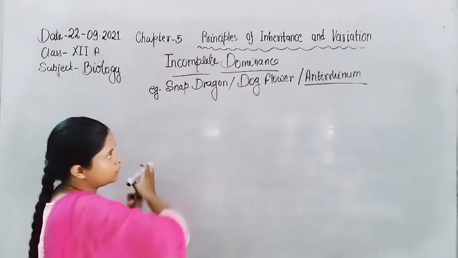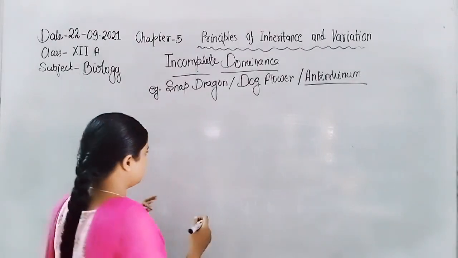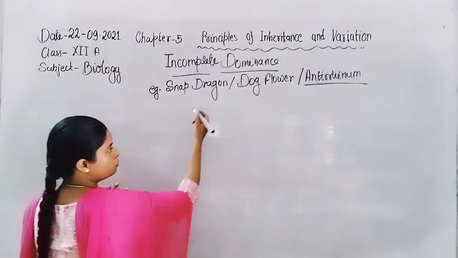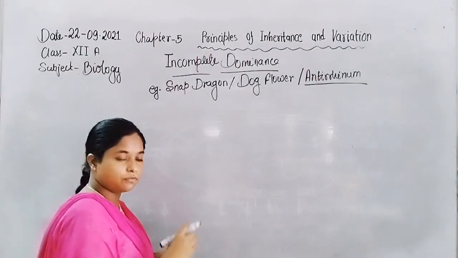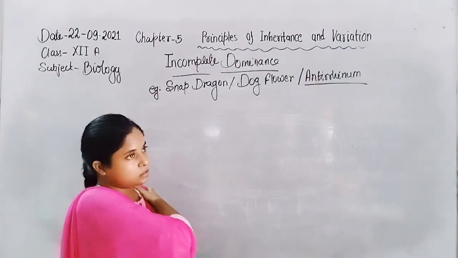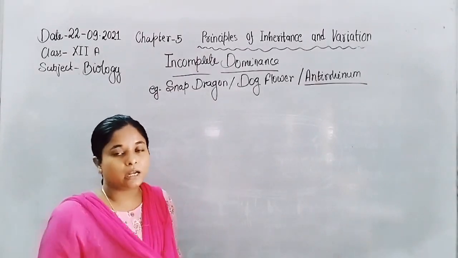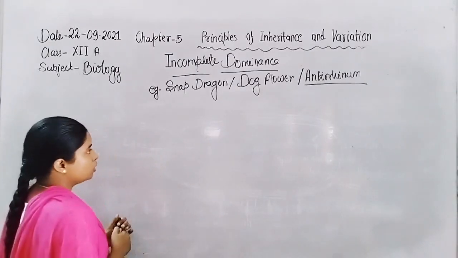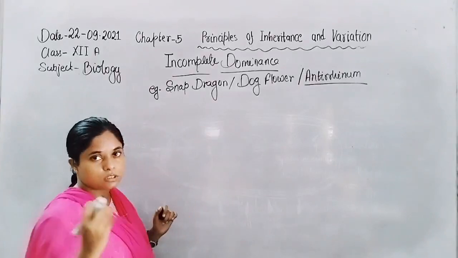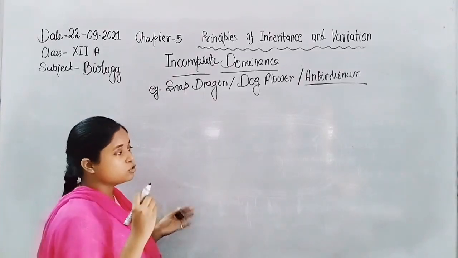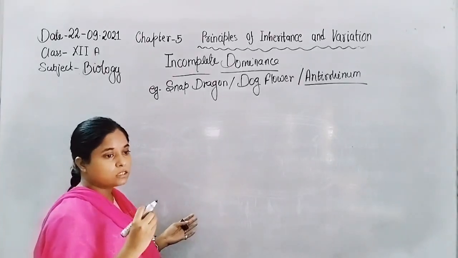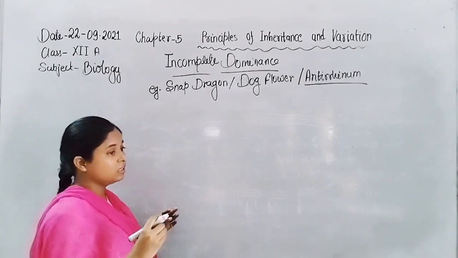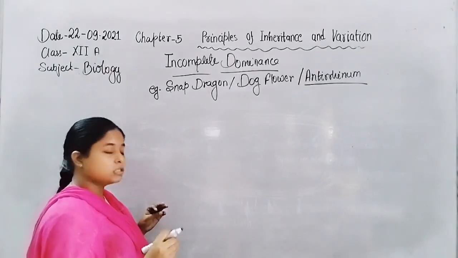So what happens in the flower? Let us discuss the flower. All the symbols we are going to take are as Mendel used in his hybridization experiment. We will use similar symbols for denoting the homozygous true breeding line, the heterozygous, and the recessive characteristic.